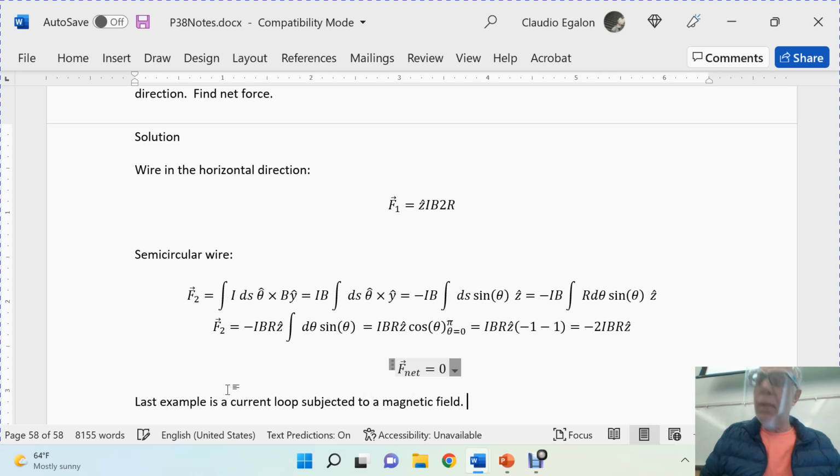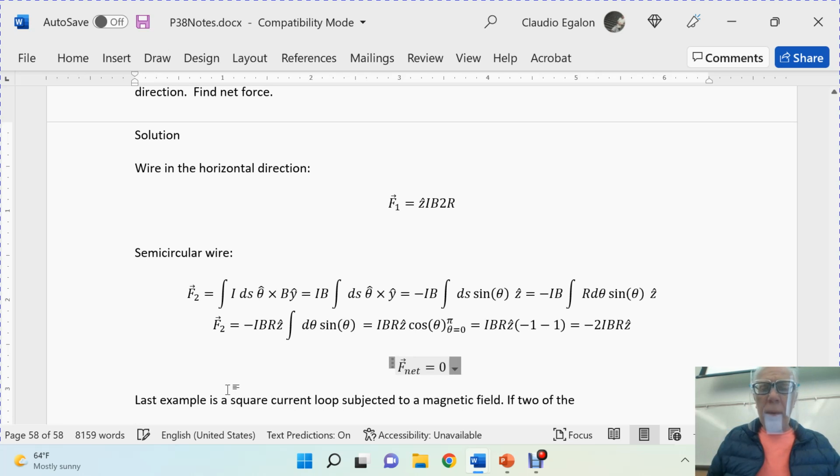I'm talking about a square loop, but it's also applicable to a circular loop. Last example is a square current loop subjected to a magnetic field.